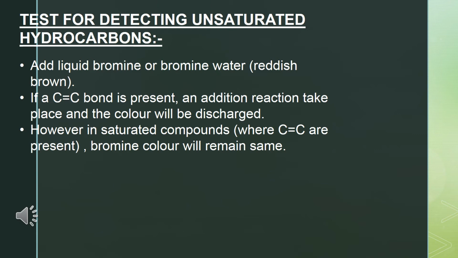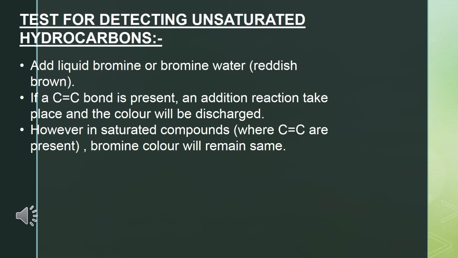However, in a saturated compound, where carbon-carbon double bonds are not present and only carbon-carbon single bonds are present, the bromine water will remain the same. It means it will not discharge its color; the color will not disappear. So by using liquid bromine or bromine water, which is reddish brown in color, we can detect unsaturation or saturation.